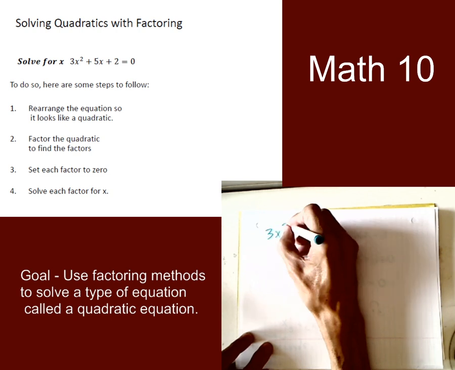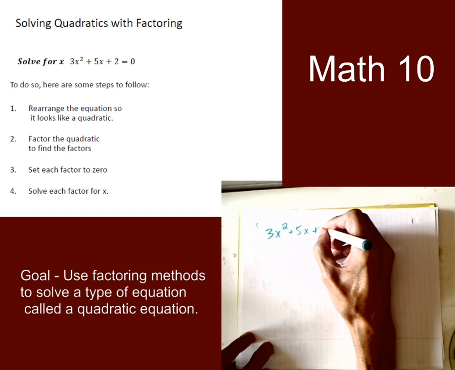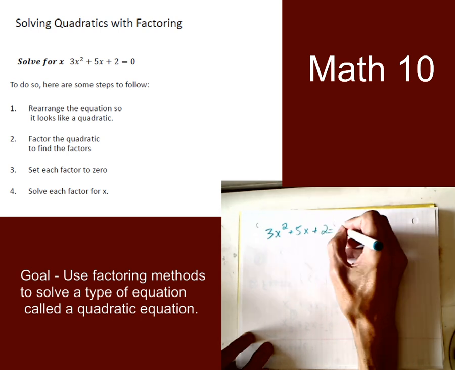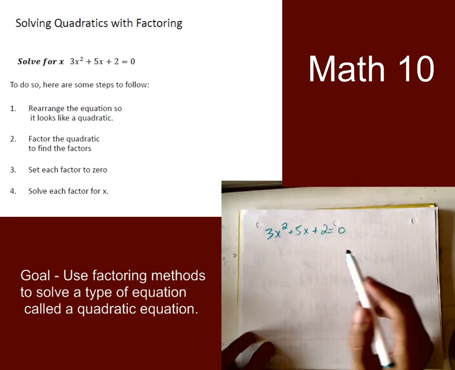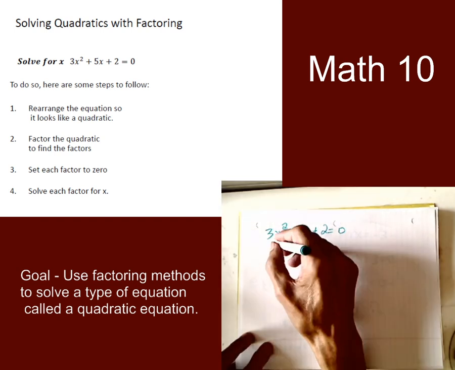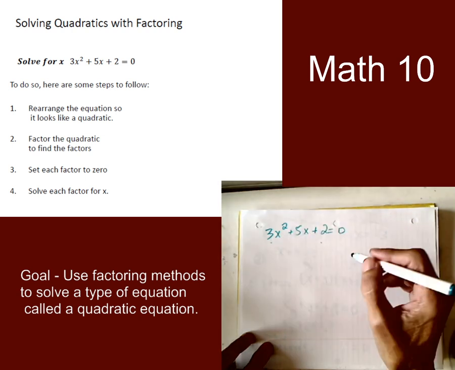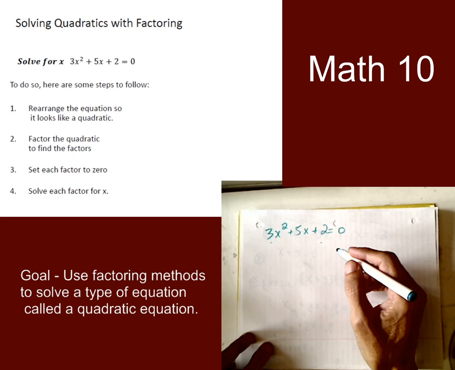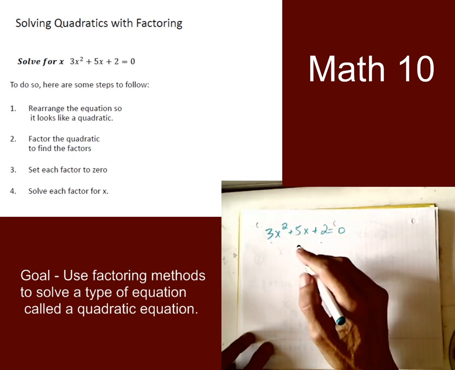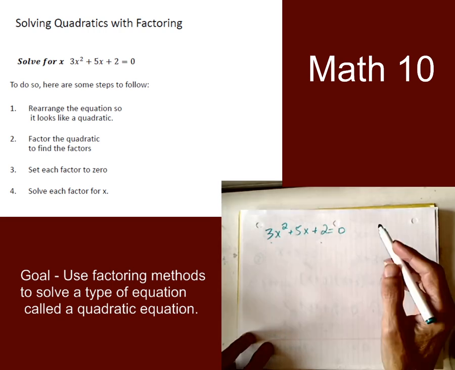So how do you factor one of these? Well, because there's a number in front, the first step is to multiply the first number and the last number together. And so what we need now, as usual, is to find our two numbers that add up to 5x.